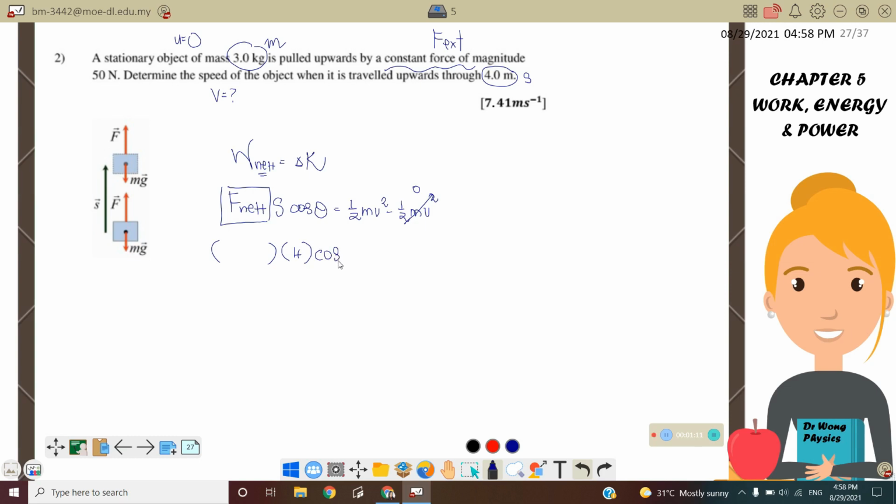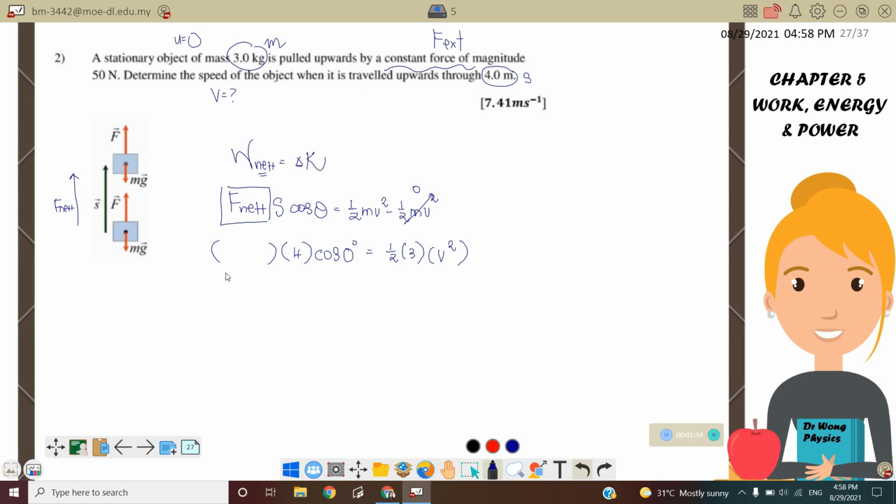For cos theta, F net is going upward, meaning the motion is going upward, and the displacement is also going upward, so cos 0 equals 1, times half, m is 3, and V is the value we want to find. So you need to find F net first.